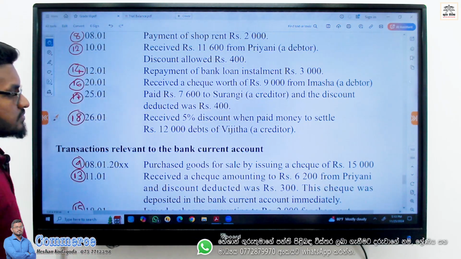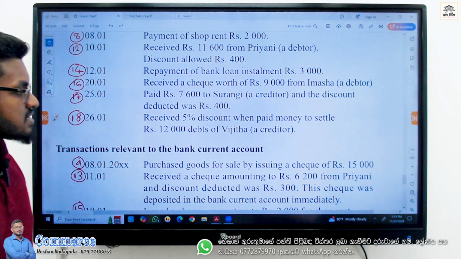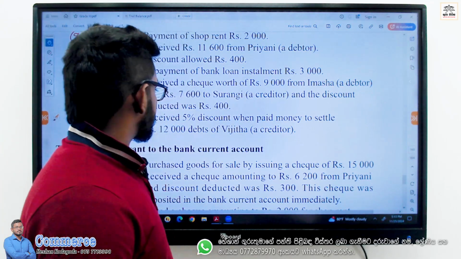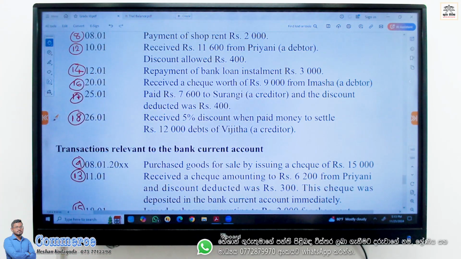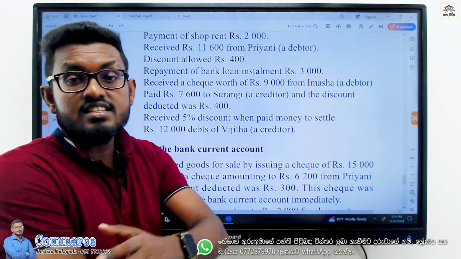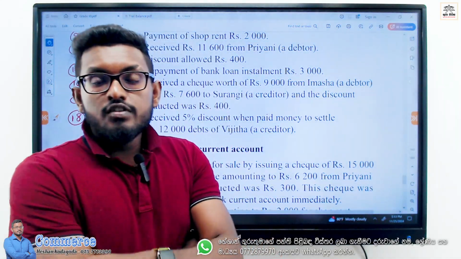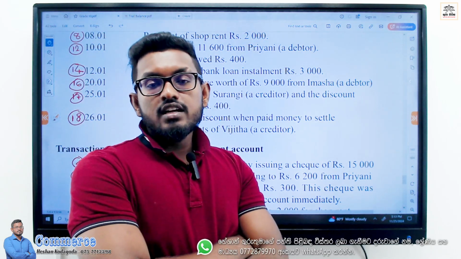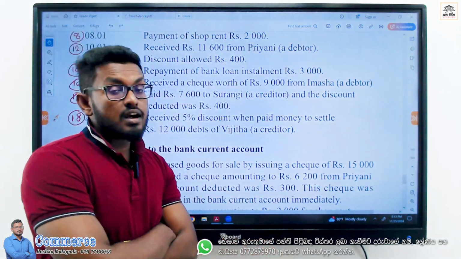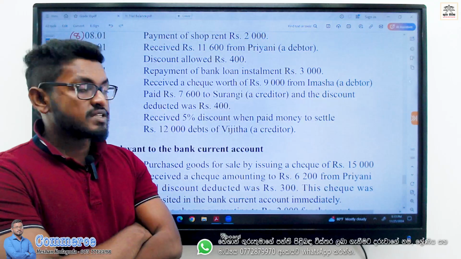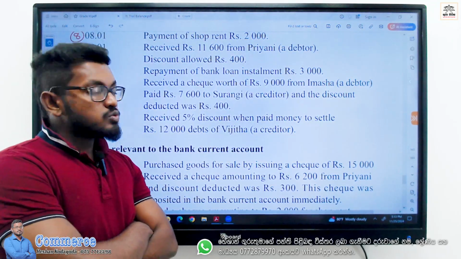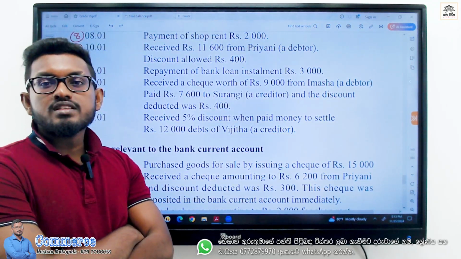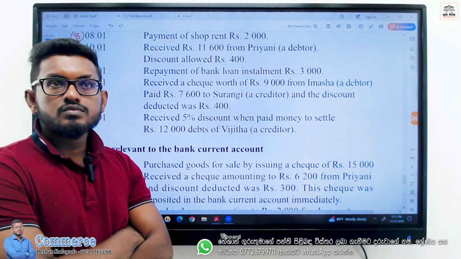Number 18, receive 5% discount when money paid to settle 12,000 debts of Vijita. Vijita is the creditor, right? We are paying a value relevant to 12,000, but the subjected discount is 5%. 10% of 12,000 is 1,200.